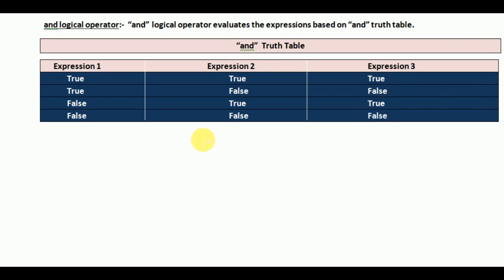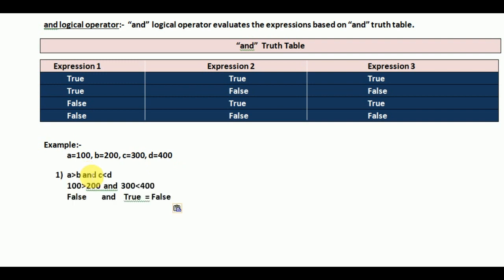So for example, we will see if we have a equals 100, b equals 200, c equals 300, and d equals 400, then what will be the truth table? So here we have a is greater than b and c is less than d.